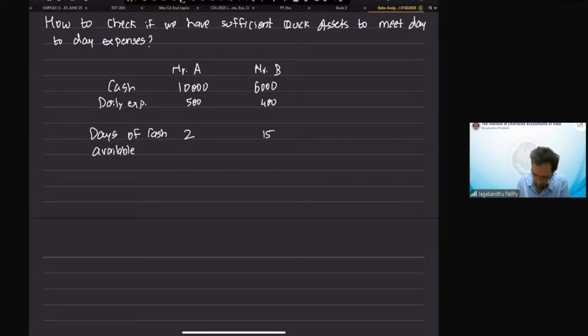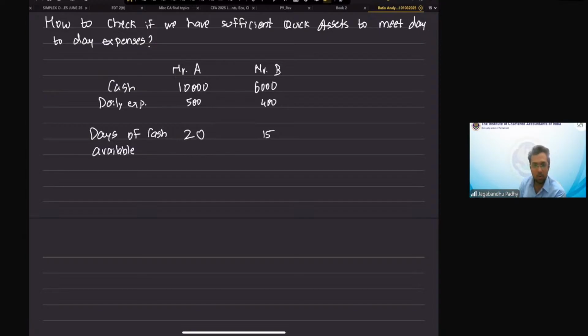Now, Mr. A has cash equal to 20 days of expense, whereas Mr. B has cash equal to 15 days of expense. Out of these two, what is the best way?